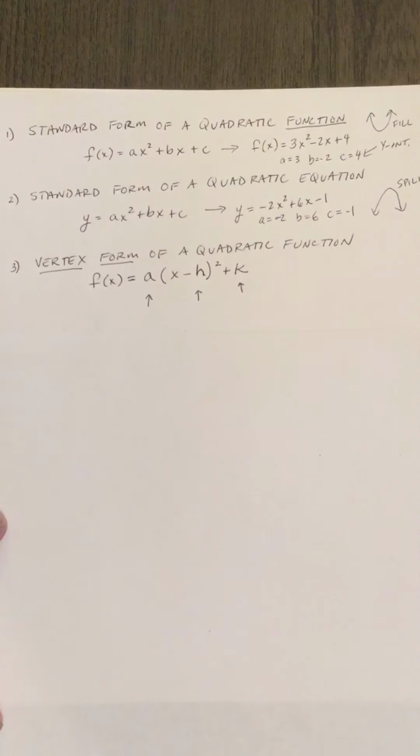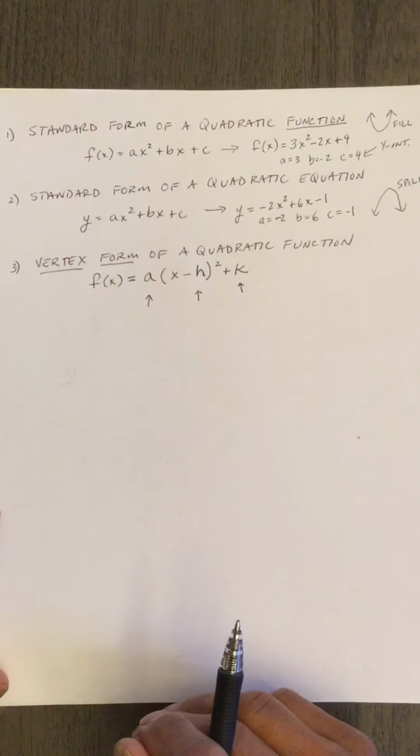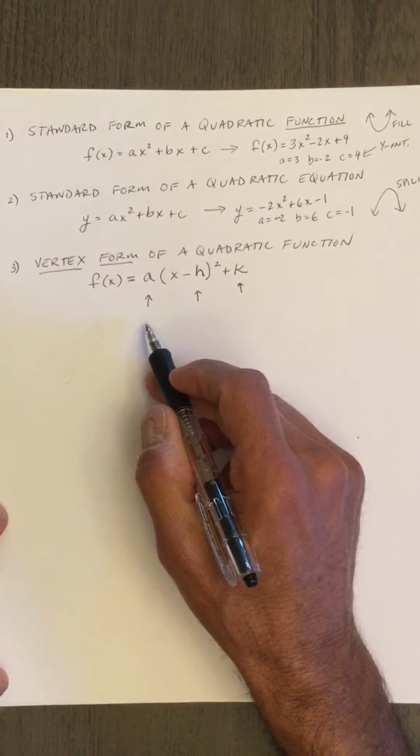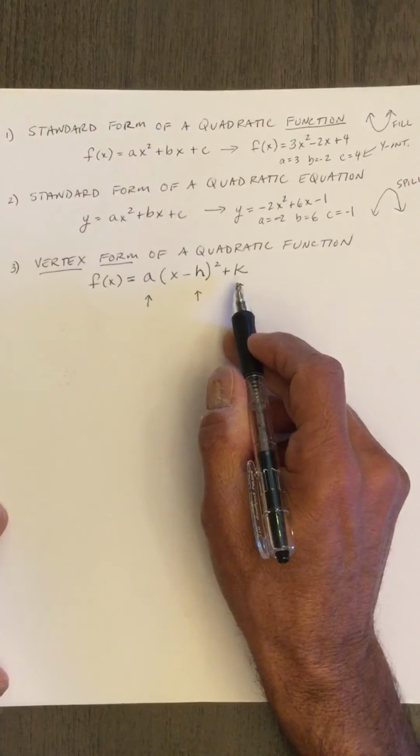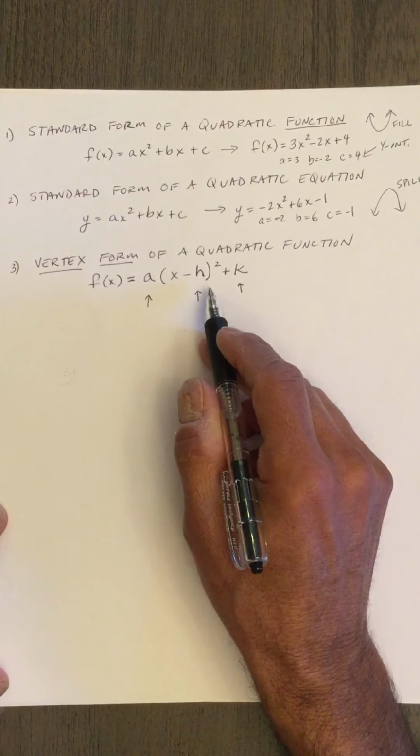Now, this is actually kind of good. It's actually easier to do these problems that are in vertex forms, okay? And you know what we're going to do is we're going to end up graphing these. But there's certain things here that we can tell when it's in vertex form.